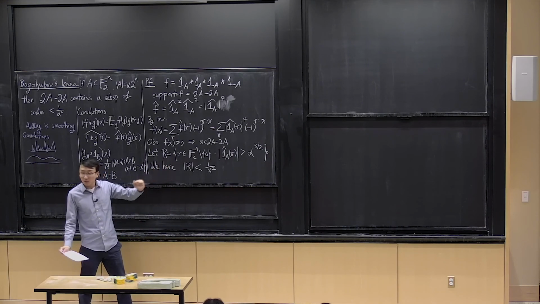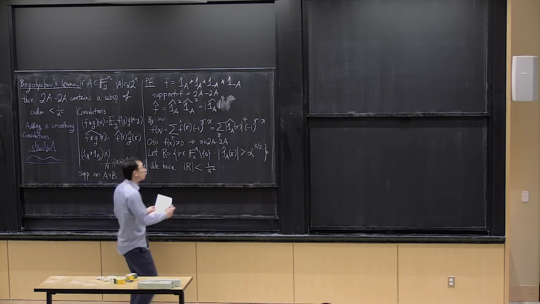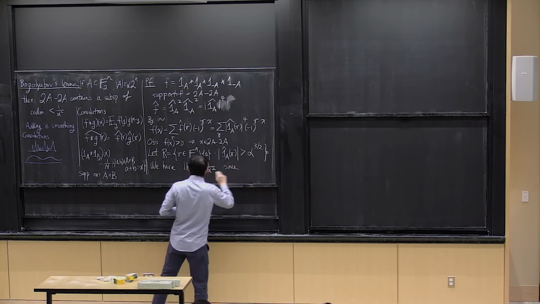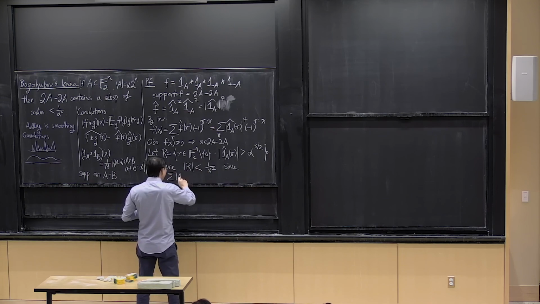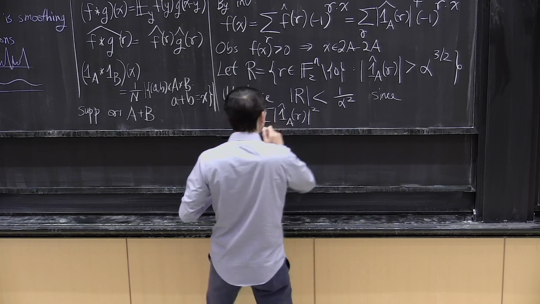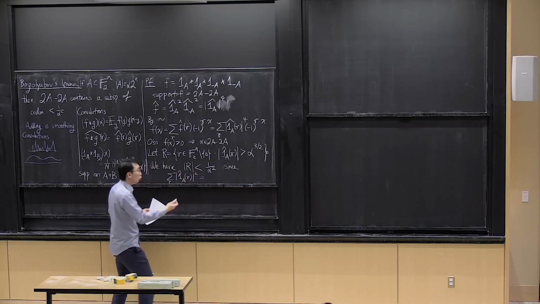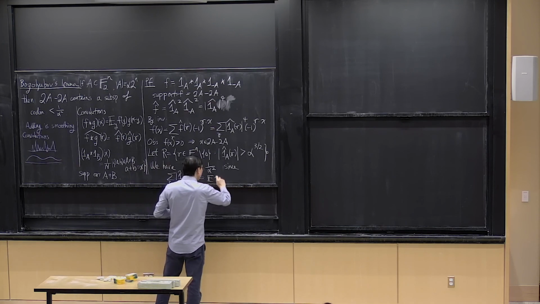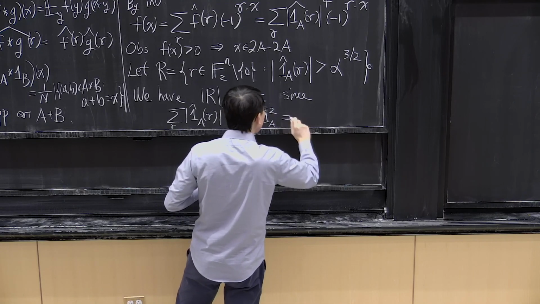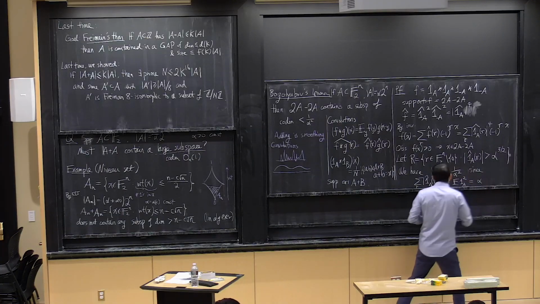The number of large Fourier coefficients cannot be too large because of Parseval, which tells us that the sum of the squares of the Fourier coefficients is equal to the L2 norm of the original function, which in this case is just the density of A, so that's alpha.